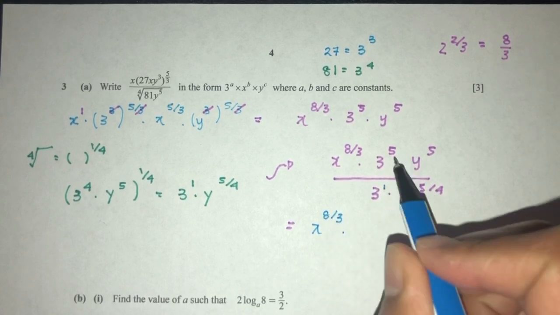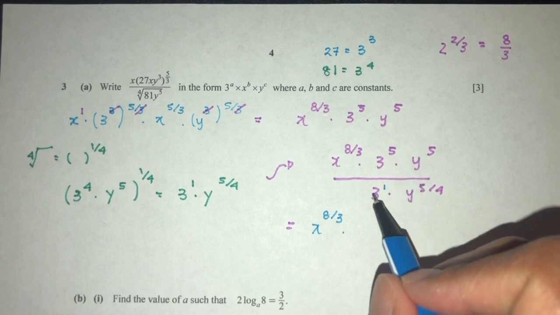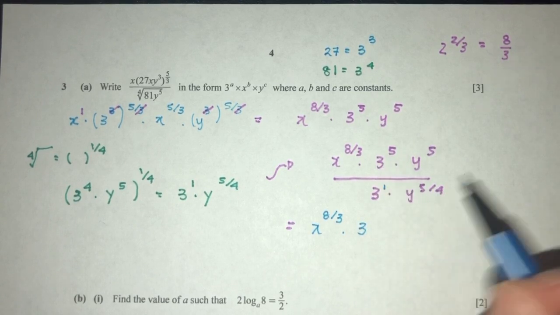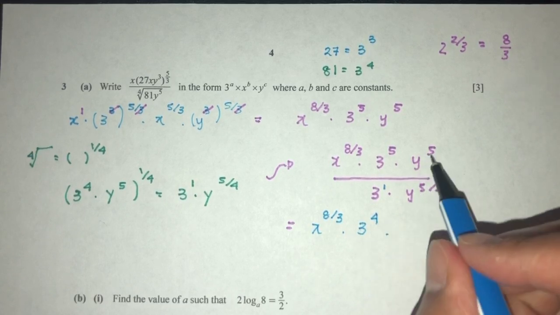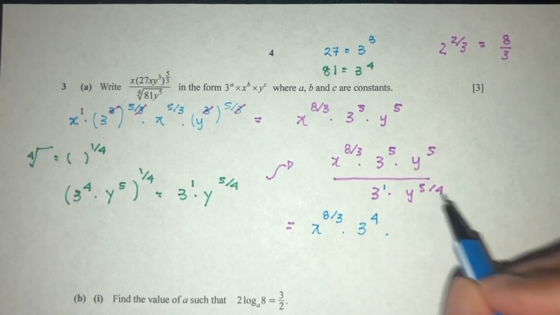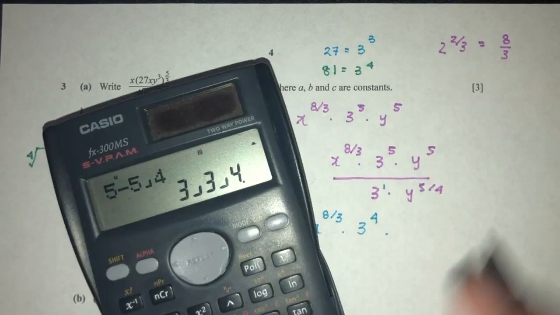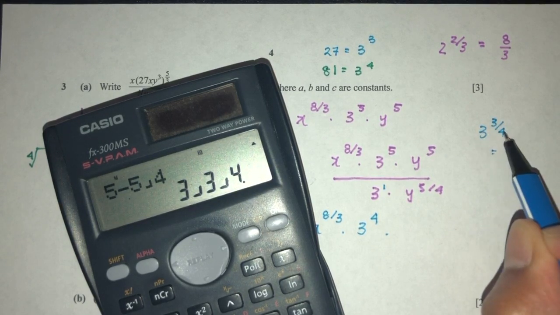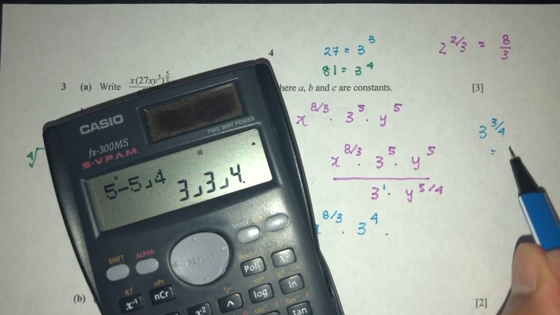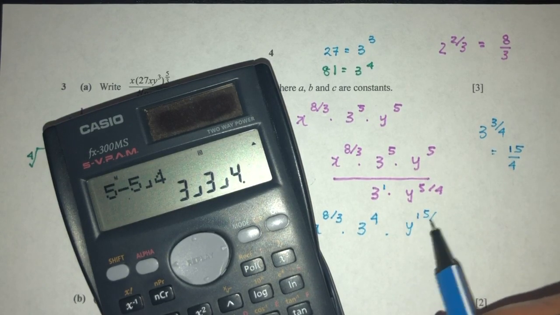Here we have power 1, so 3 power 5 divided by 3, that should be 3, sorry, 3 power 5, my bad, 3 power 4. That will become this, and this will become power 5 minus this. Let's see, 5 minus 5 over 4, that should be 3 over 4, that should be what? 3 times 4 is 12 plus 3, should be 15 over 4. So that'll be y 15 over 4.